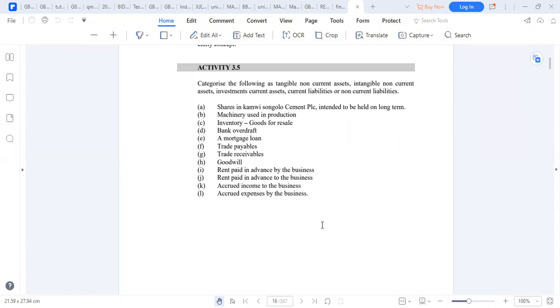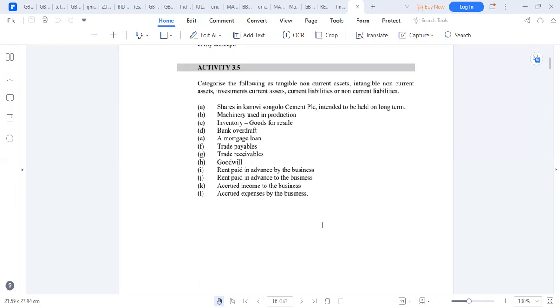So question number 2, let's categorize the following as non-current, current assets, non-current, or current liabilities. Let's start with shares in Kamui Cement Limited, intended to be held on a long term. What type of entity or element is that?